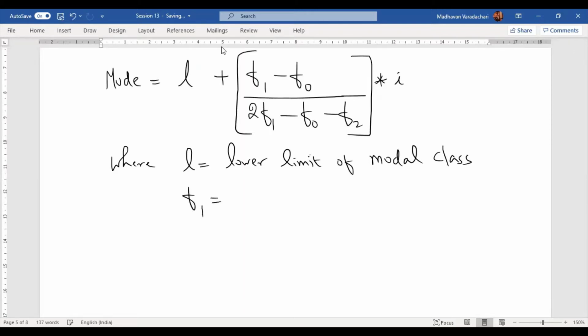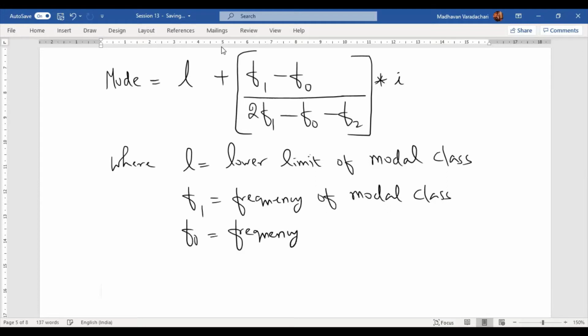F1 is frequency of modal class. F0 is frequency of the class preceding modal class.